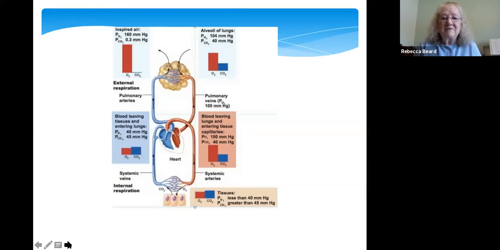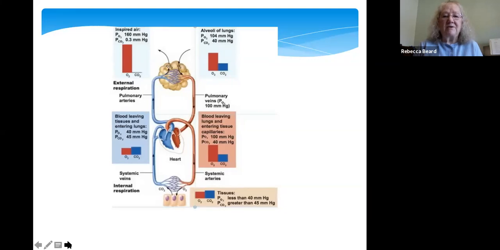So remember diffusion. Because of these differing levels, when the deoxygenated blood gets to the alveoli, there's going to be a lot of carbon dioxide in the blood, 45 millimeters of mercury, and in the alveoli it's not going to be that much.